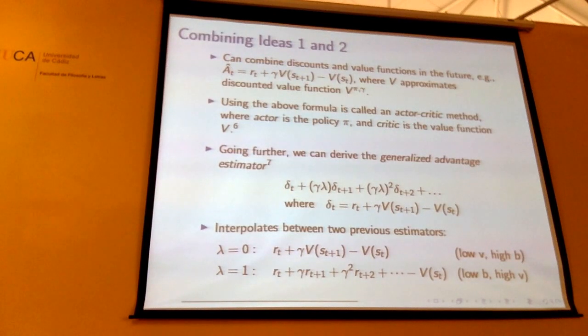As it turns out, this formula interpolates between all the estimators we've discussed before when you change lambda. When lambda equals 0, it ends up being just the one-step estimate of return, which has low variance and high bias. And when we set lambda equals 1, it takes the full estimate of return, which has low bias but high variance. So this basically has two parameters, lambda and gamma.